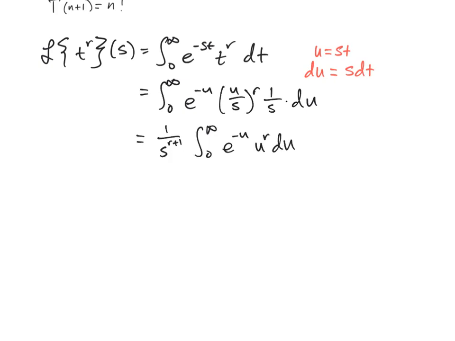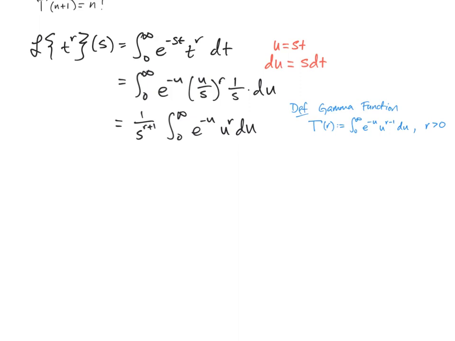So now this is looking kind of familiar. Let's pull in our definition of the gamma function from before. Ta-da! This is not exactly quite the same because over in the blue we've got r minus 1, but instead we can write this as 1 over s to the r plus 1, and then this is going to be gamma of r plus 1.